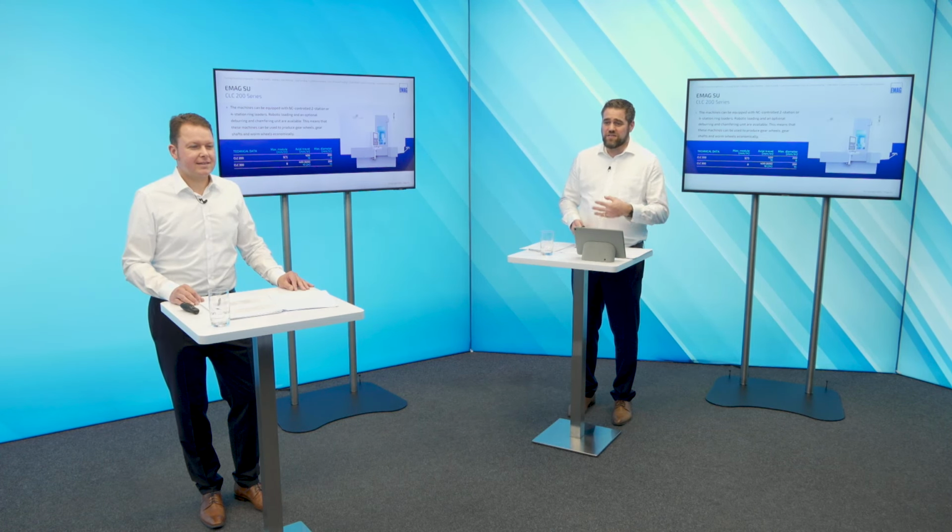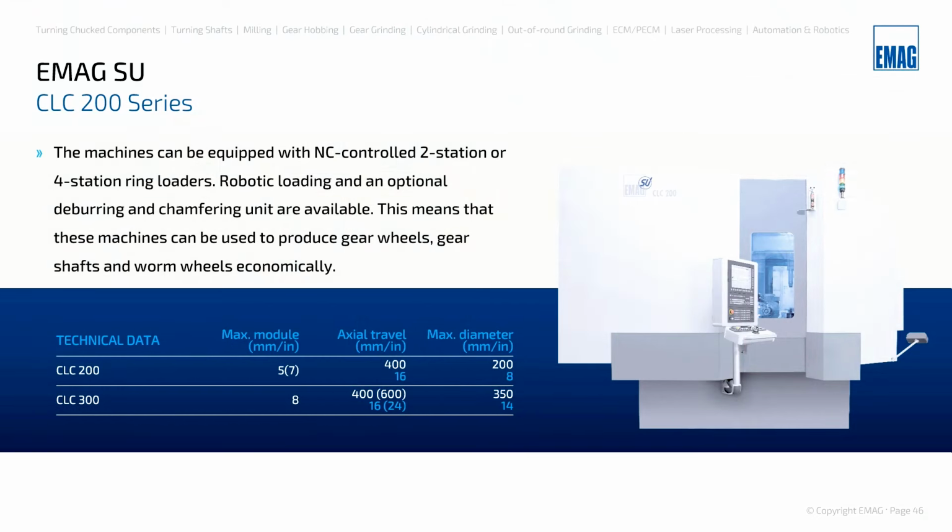If the modules are getting bigger, the dimensions getting bigger, we have to jump to our EMAG SU products. Those are vertical hobbing machines, CLC 200, CLC 300. There we are capable of doing modules up to 8.